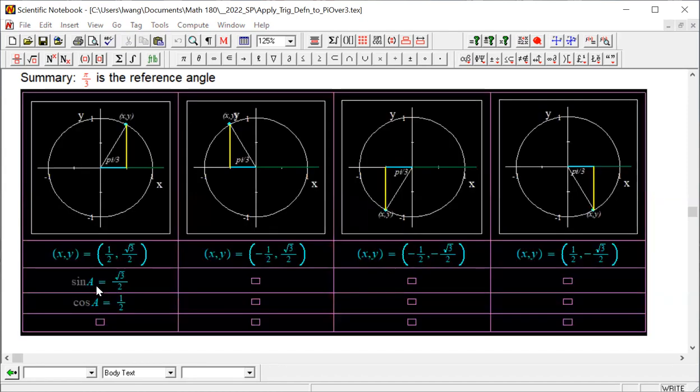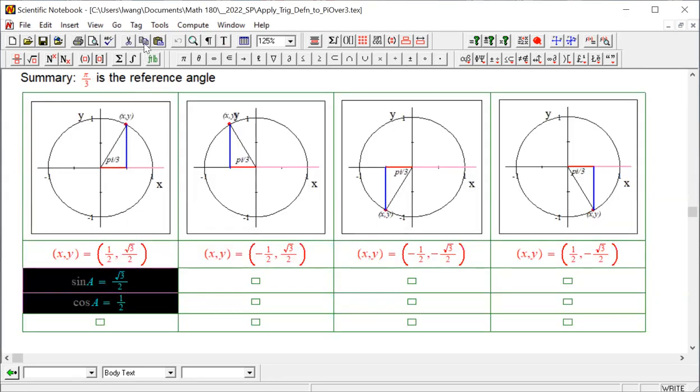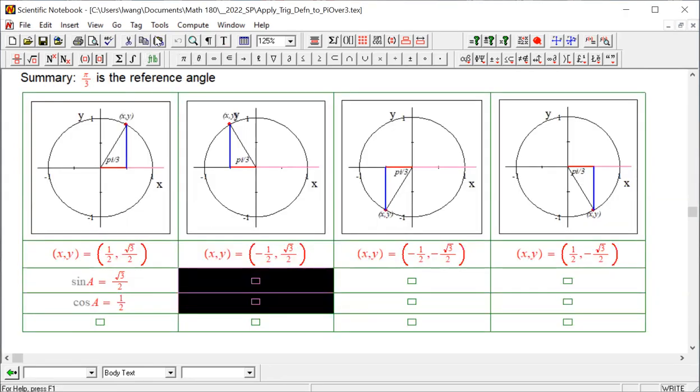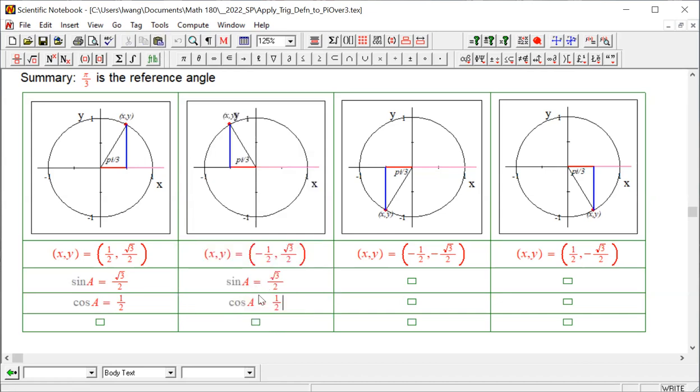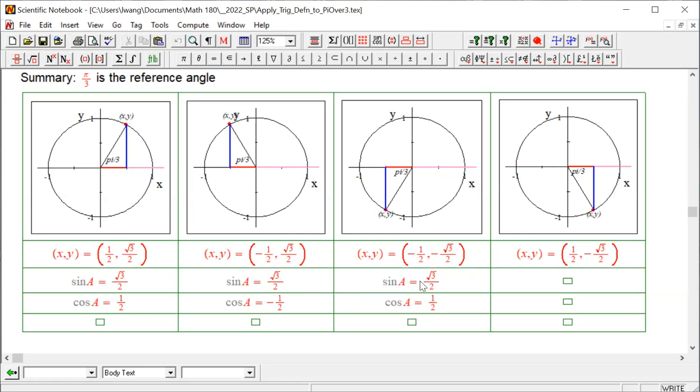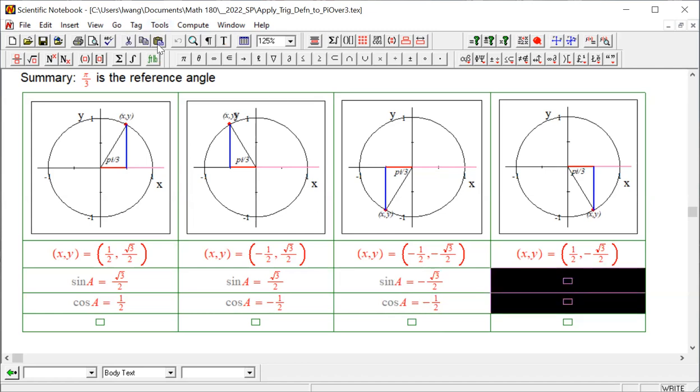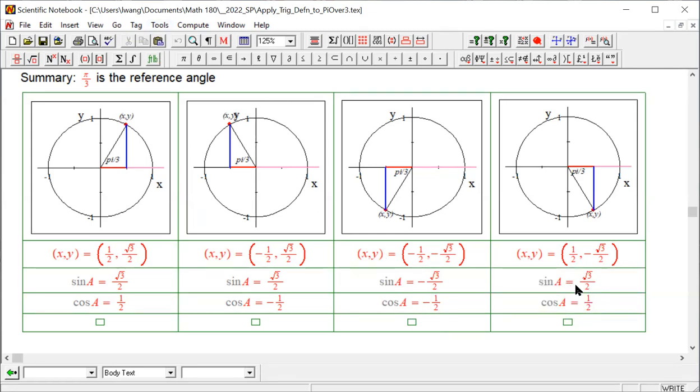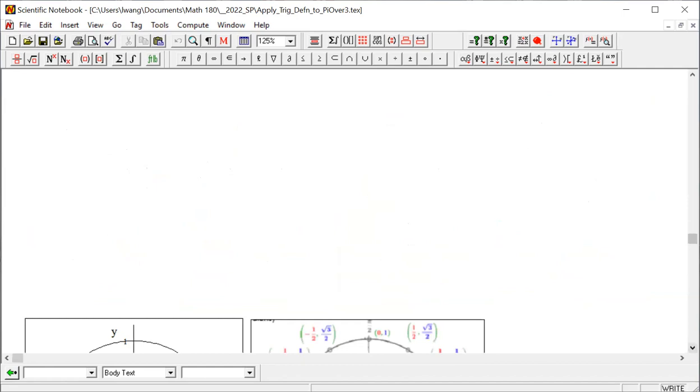And now, you should have your notebook with you. On the second quadrant, cosine is negative, sine stays the same. Okay, third quadrant, both are negative. In the last quadrant, sine is negative, cosine is positive. Okay, so now let's get ready to do some calculation.